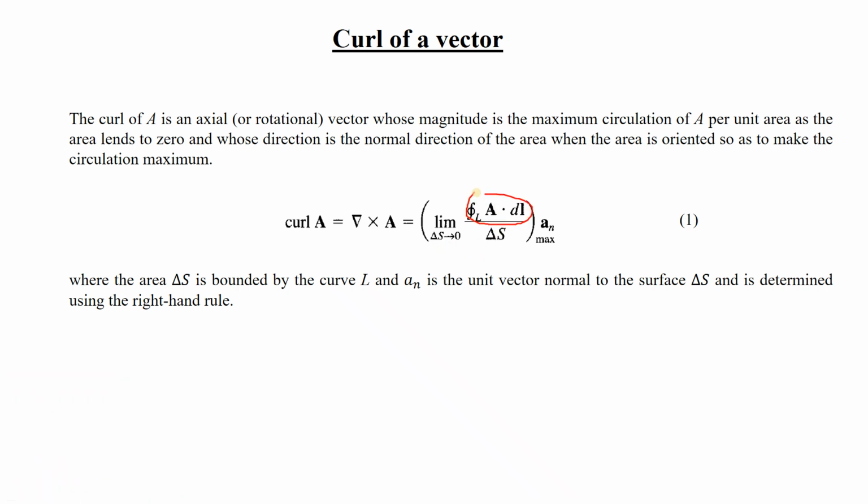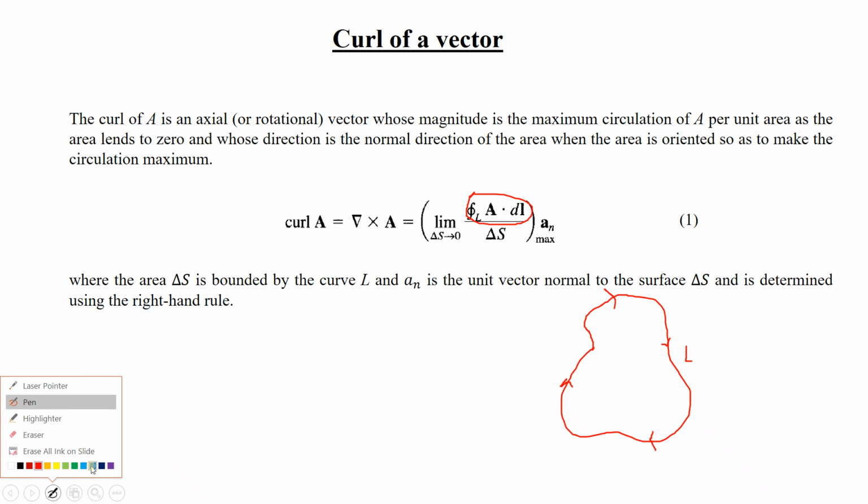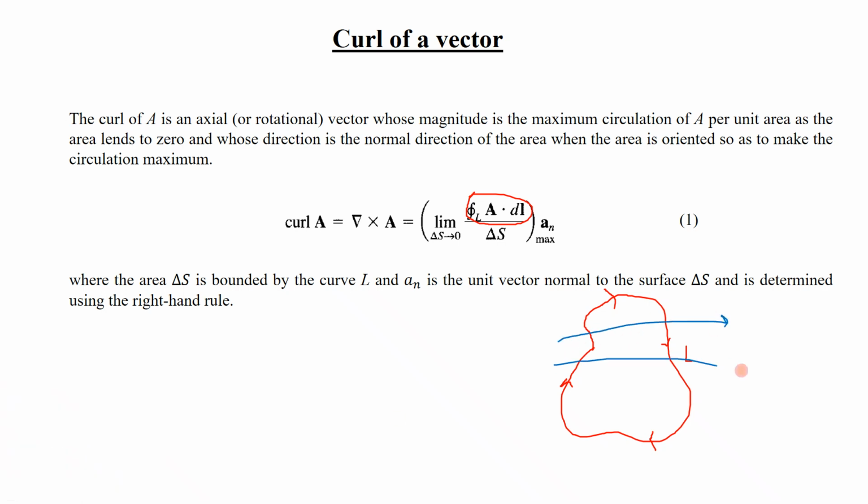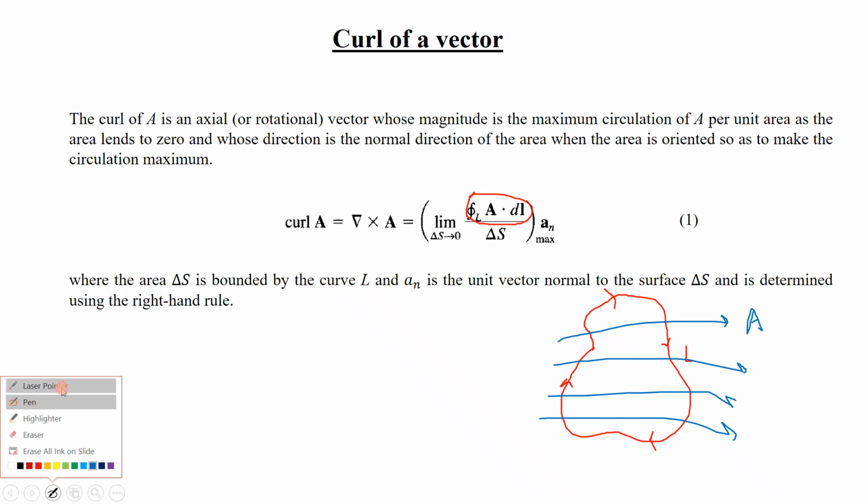So you can see, as per the equation, it is the closed line integral. Suppose we have a particular path like this, with the arrow in the clockwise direction, and the length of the path is, say, L. There is a vector A like this. Now this path is circulating along the vector because it is a closed path.